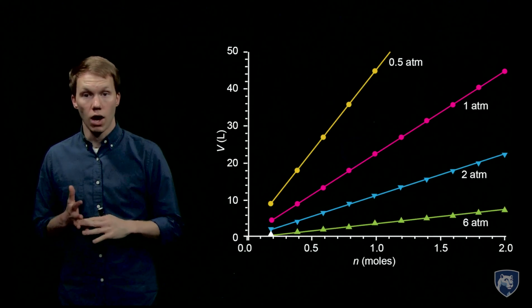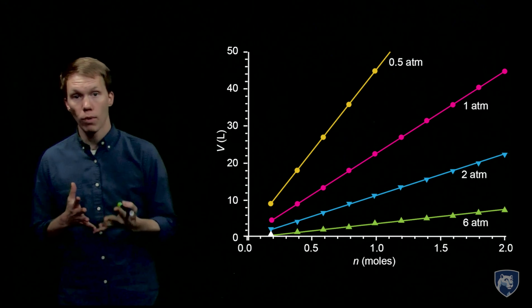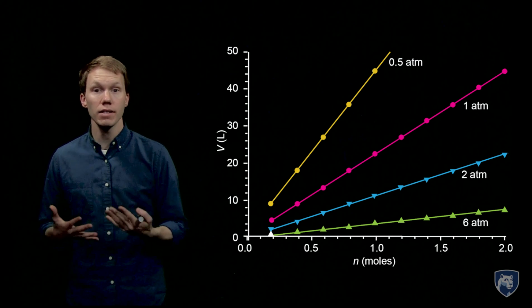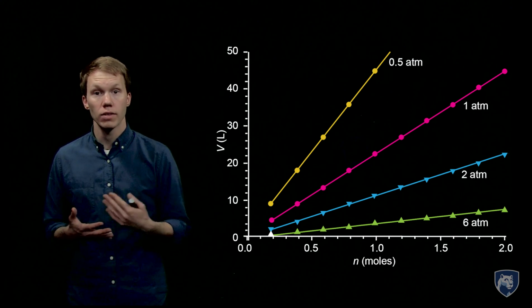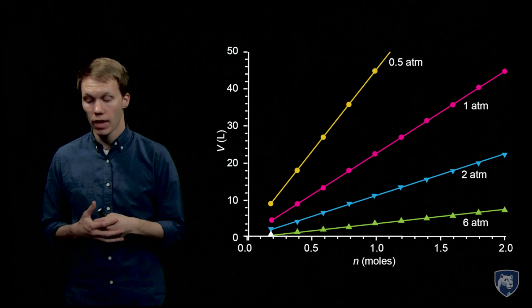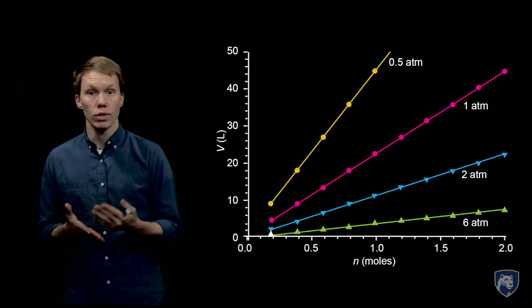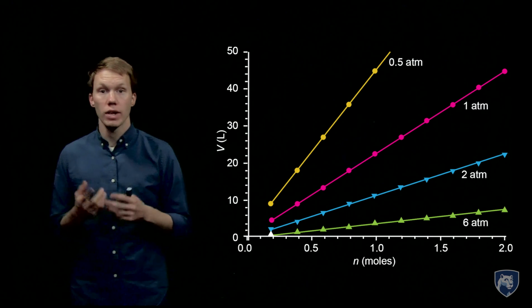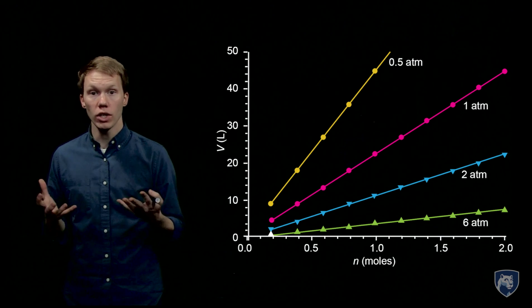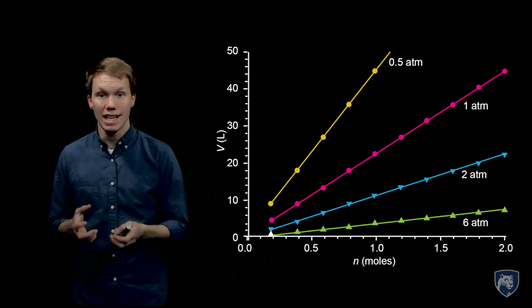Let's take a look at a graphical representation of this law. We see that volume is plotted on the y-axis and moles on the x-axis, and it is a linear relationship. As the number of moles increases, my volume will increase. And the volume depends only on the moles of gas, right? So 1 mole of gas is going to occupy the same volume no matter what that gas's identity is.